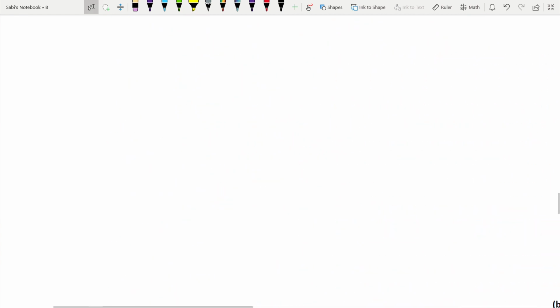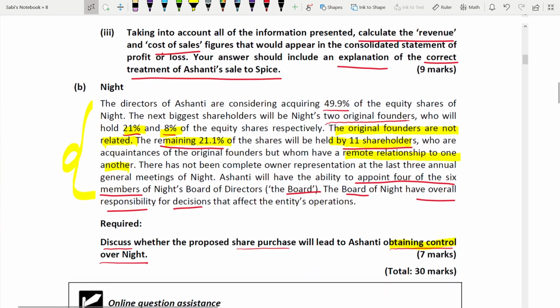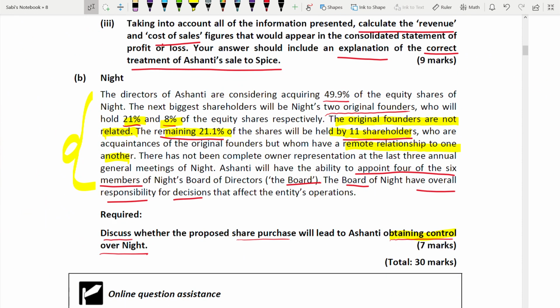I'm sure you understood how I have linked the first two points. Now the last one. Here you can see there has not been complete owner representation at the last three annual general meetings.